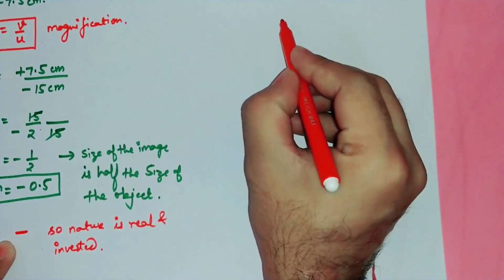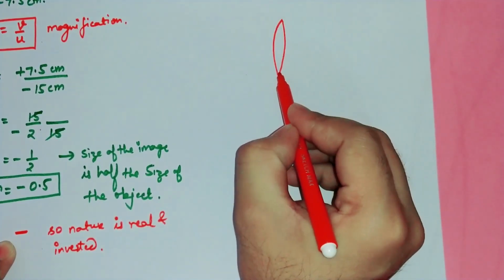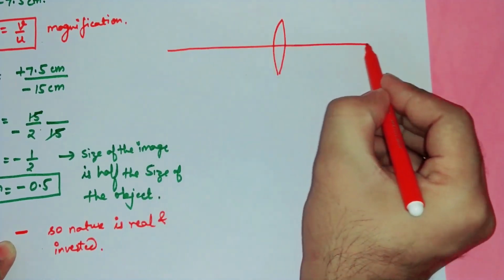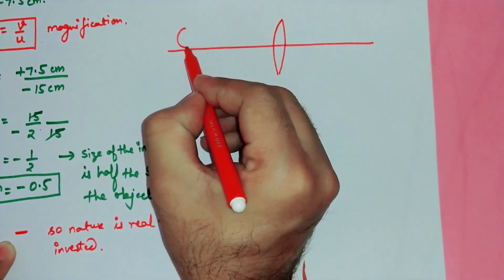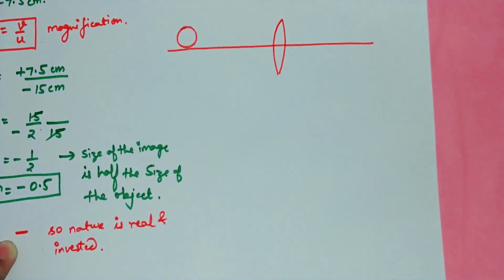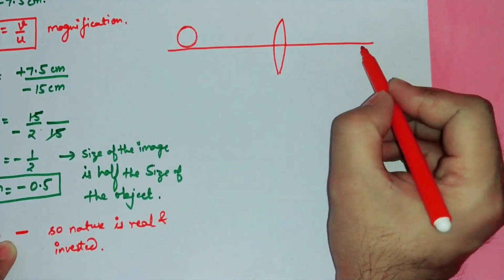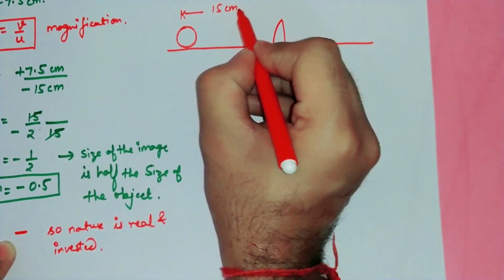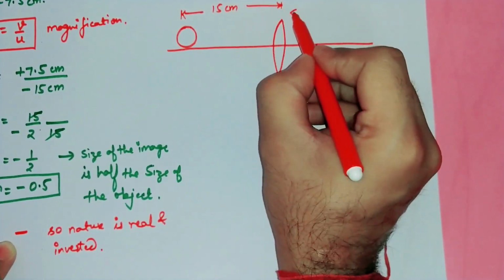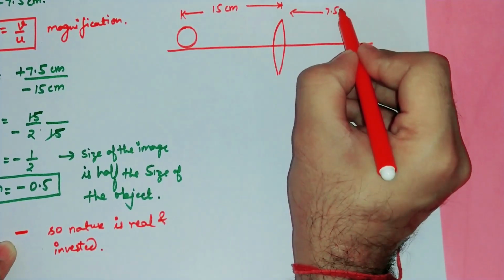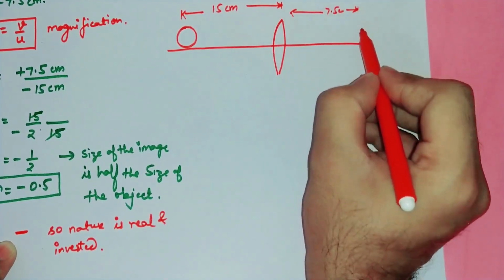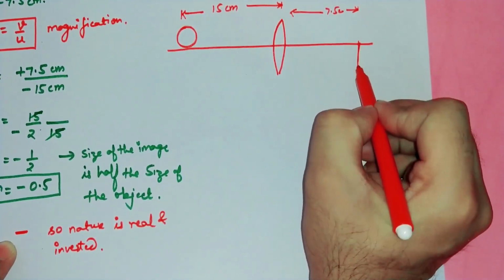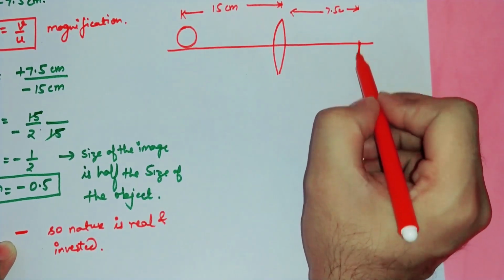Suppose this is our convex lens, this is the principal axis, and above the principal axis we have put a sphere. This is 15 centimeter, and the image is at 7.5 centimeter. It is real and inverted, so inverted means below the principal axis.